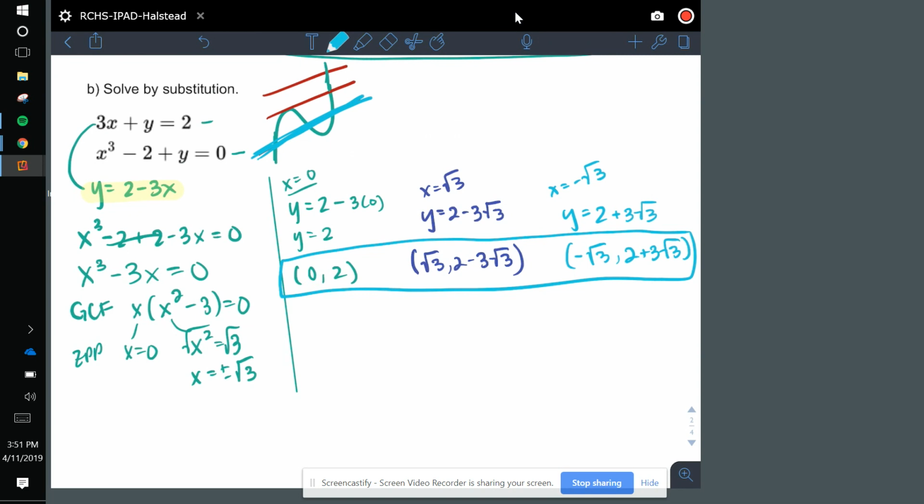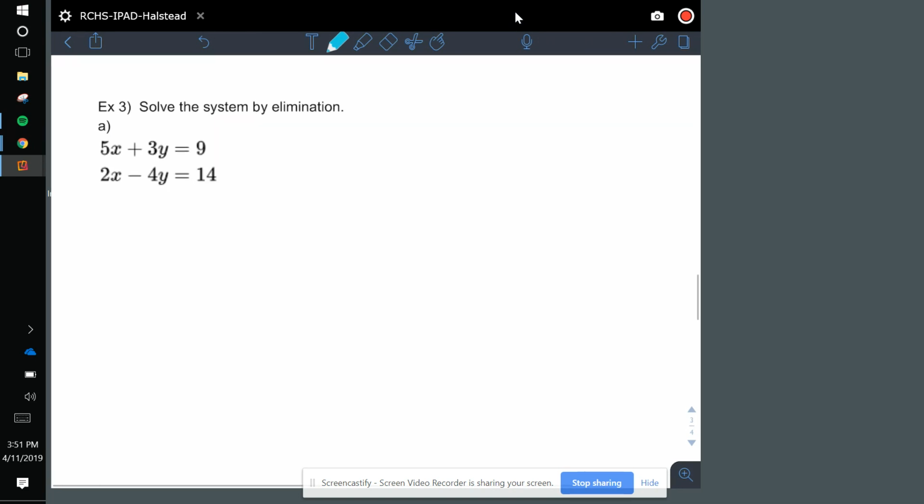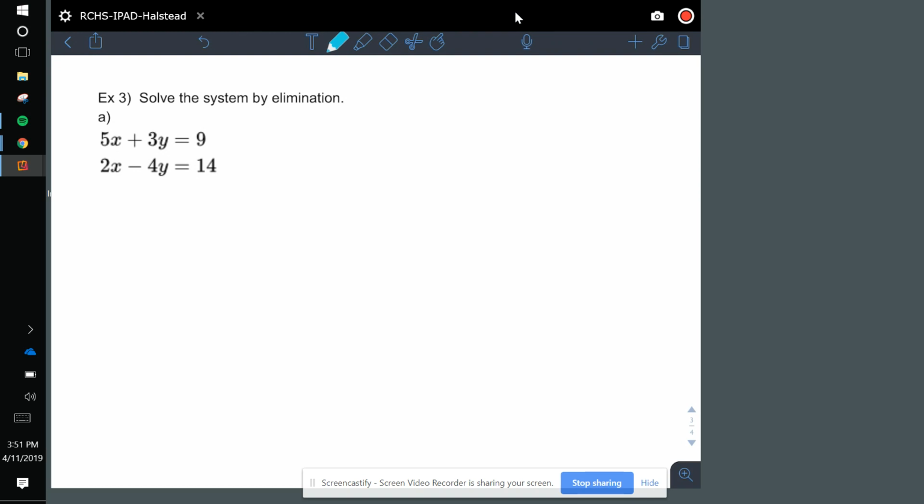Okay. Lastly, we're going to look at elimination. So when I add up my variables, I want to eliminate one. So I'm going to multiply the top and the bottom. You have lots of options, but I'm going to multiply by 2 and negative 5, giving me 10x plus 6y is equal to 18.